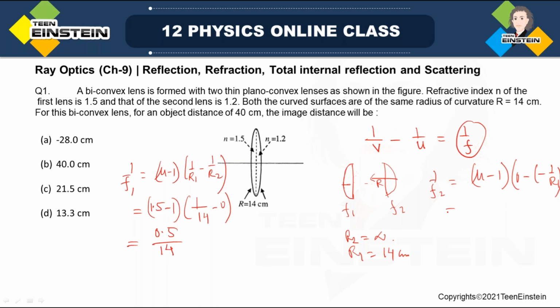So finally 1.2 minus 1 whole into 1 over r1, which again is 1 over 14. So ultimately you get for this also 0.2 by 14. So if you want to find out the focal length of both, you have to just take the combination of these.